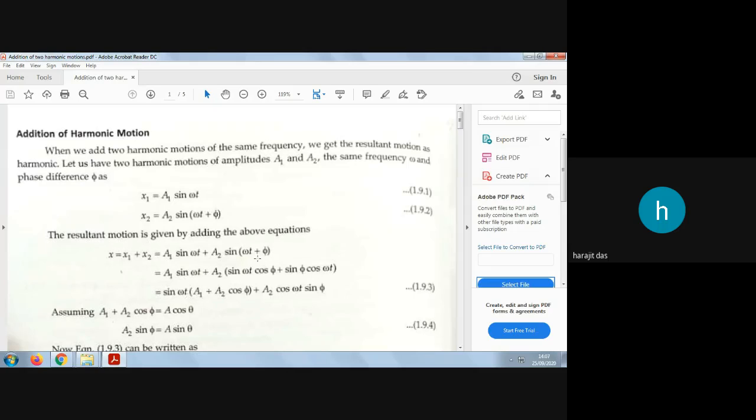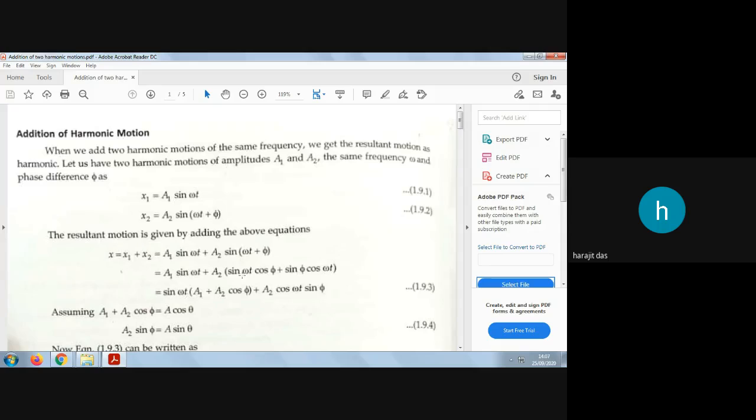So how will you now add these two waves? What you can do is compare this to sine (A plus B). So what is sine (A plus B)?